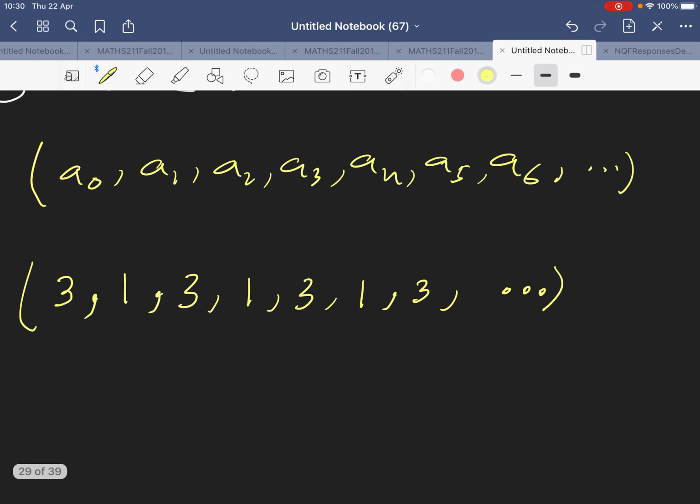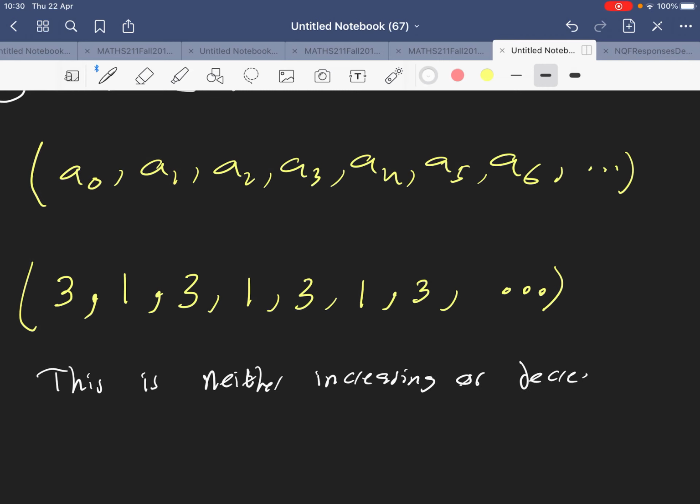Now we can say that this is neither increasing nor decreasing, because it's not getting consistently larger or smaller. It gets 3 and then 1, 3 and 1, large, small.